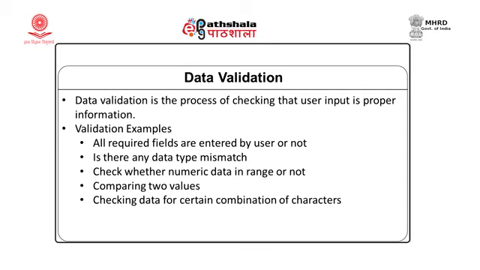Examples of validations are: whether all required fields are entered by the user or not, whether there is any data type mismatch, and checking whether numeric data is in range or not. For example, marks accepted may be from 1 to 100.